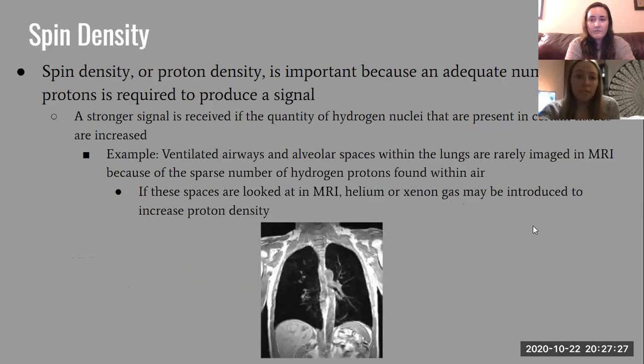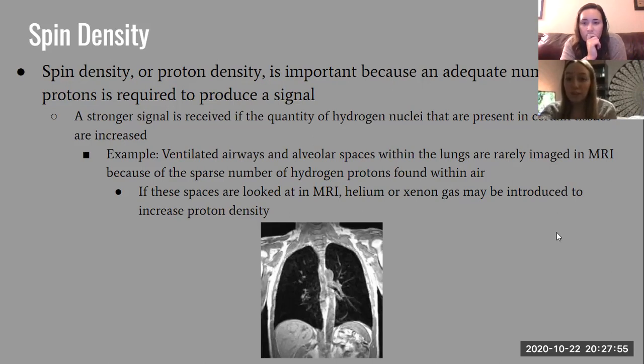Okay. Spin density or proton density is important because an adequate number of protons is required to produce a signal. A stronger signal is received if the quantity of hydrogen nuclei present in certain tissues is increased. An example would be ventilated airways and alveolar spaces within the lungs.